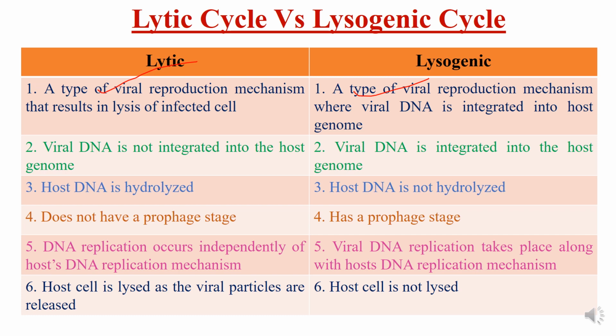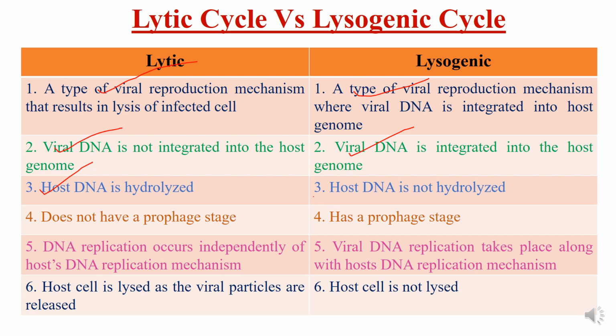In the lytic cycle, viral DNA is not integrated into the host genome, whereas in the lysogenic cycle, viral DNA is integrated into the host genome. In the lytic cycle, host DNA is hydrolyzed, as hydroxymethyl cytosine replaces the cytosine of the bacterial DNA.